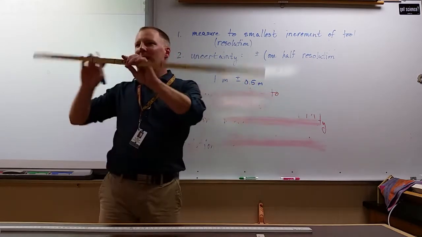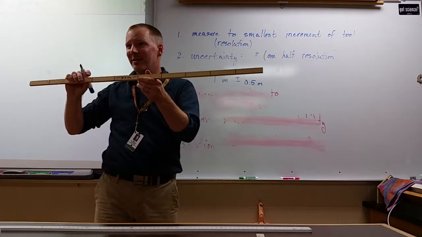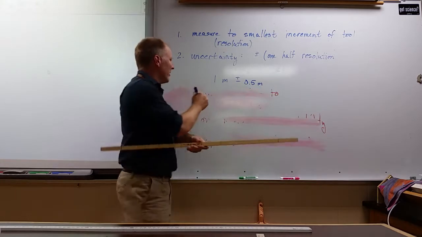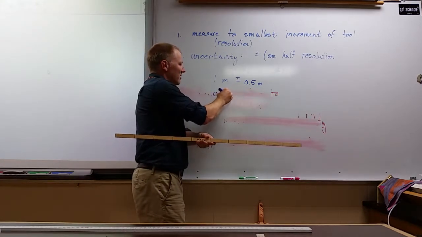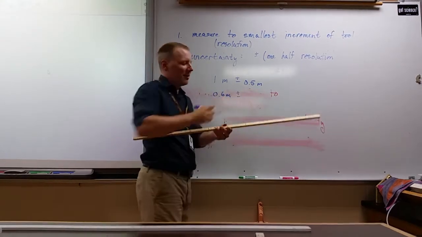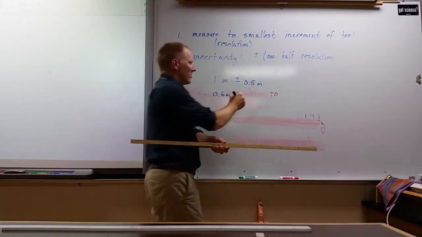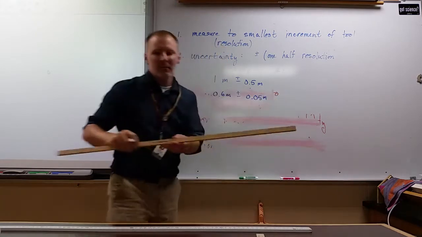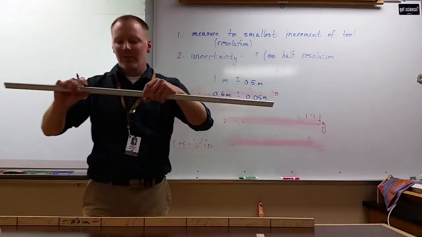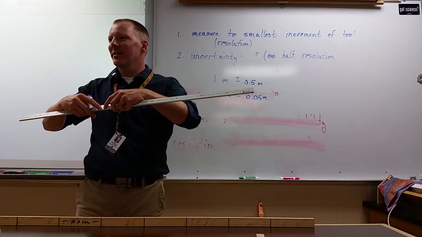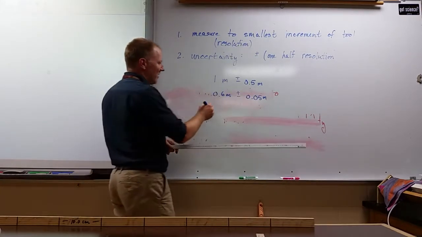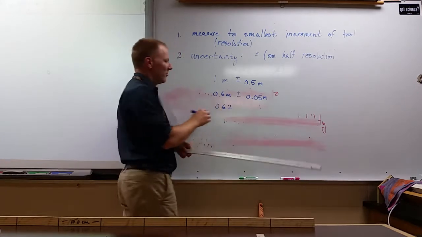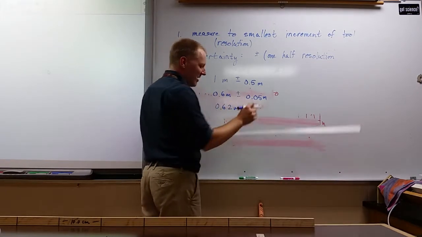When we flip this over, now we know it by 10 centimeter sections, or 0.1 meter. So we could say 0.6 meters with an uncertainty of half of this, which is 5 centimeters, or 0.05 meters. And so on and so forth. The resolution of this is half a centimeter. So we could have said 0.62 meters, plus or minus half of this.